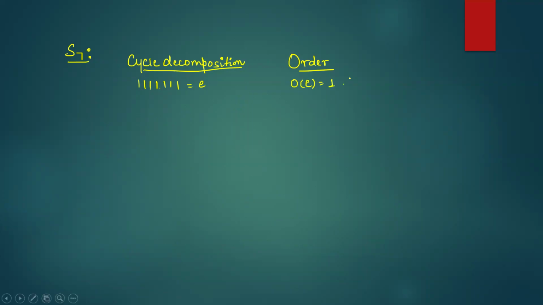What are the possible cycle decompositions and what are the possible orders? These are the two columns which we have already made. Since it is S7, the identity element is 1 2 3 4 5 6 7, so only one cycle. This is the identity element, so the order of E here will be 1.